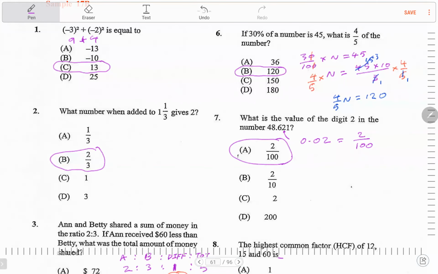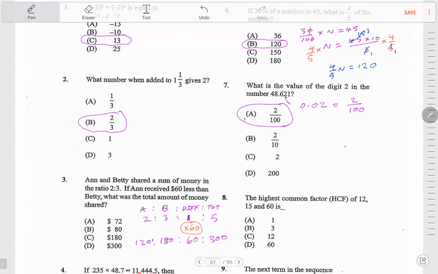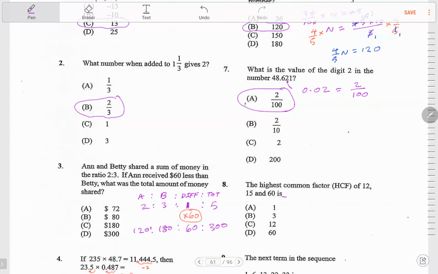Next question. The highest common factor of 12, 15, and 60. It's a process of elimination as well. So 60 is out of it because 60 is not a factor of 12. 12 is out of it because 12 is not a factor of 15.